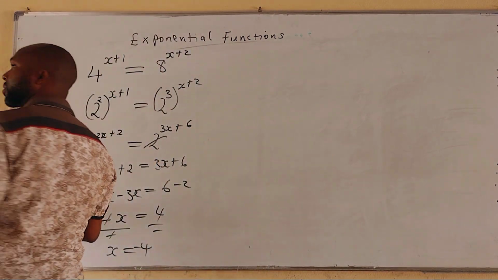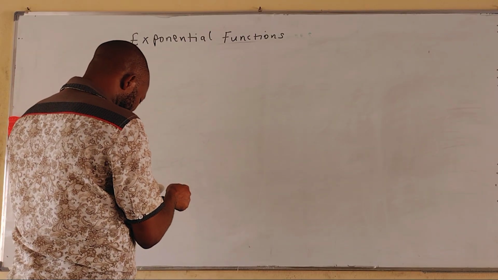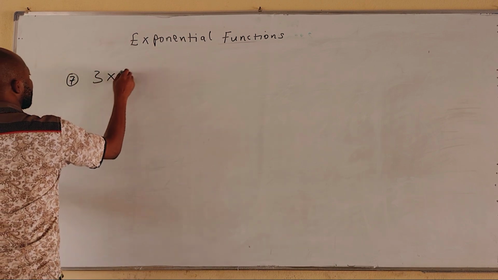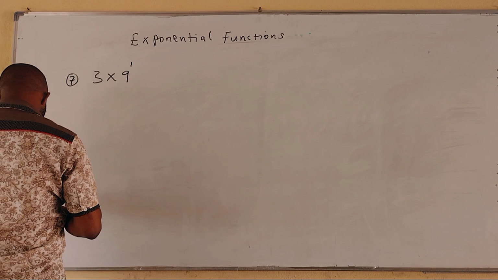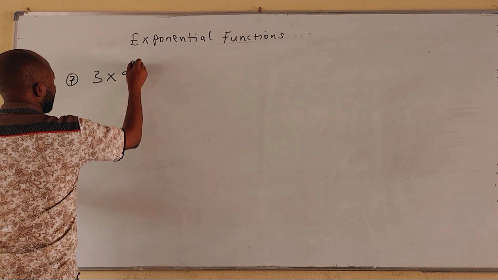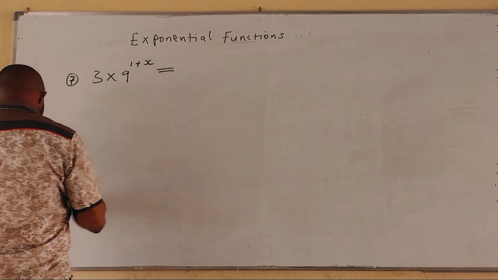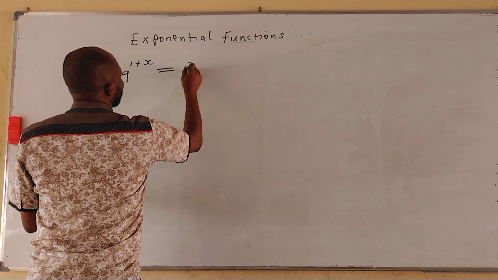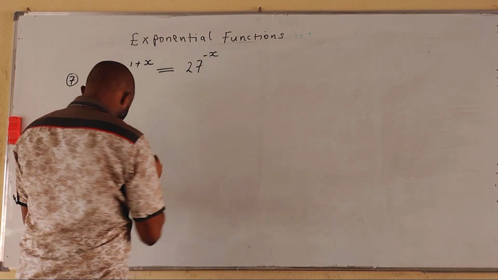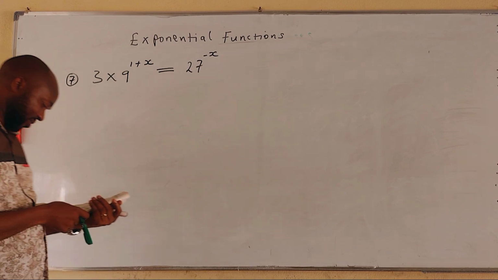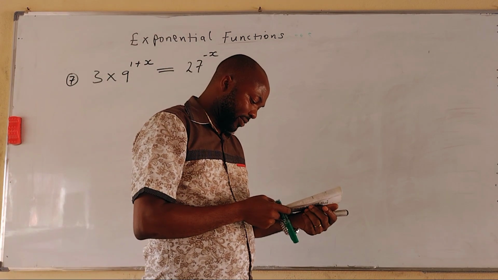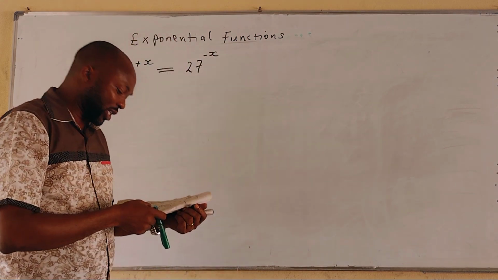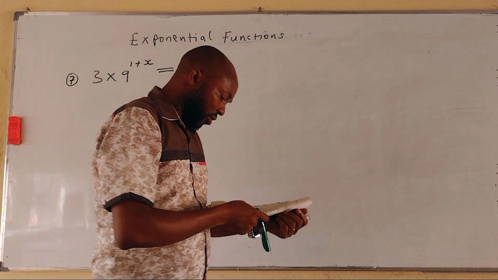Let's go to the seventh. Number 7. If 3 times 9 raised to the power 1 plus x is equal to 27 raised to the power minus x, find x.